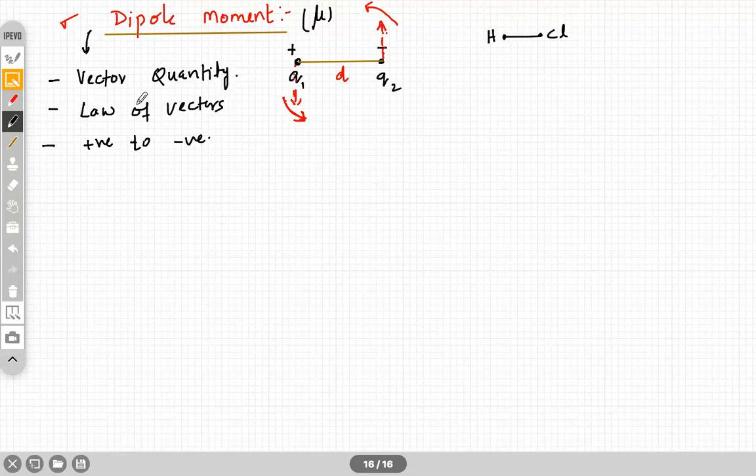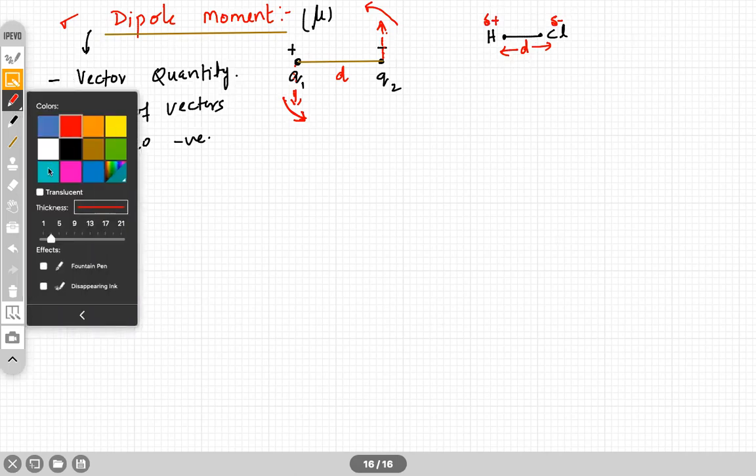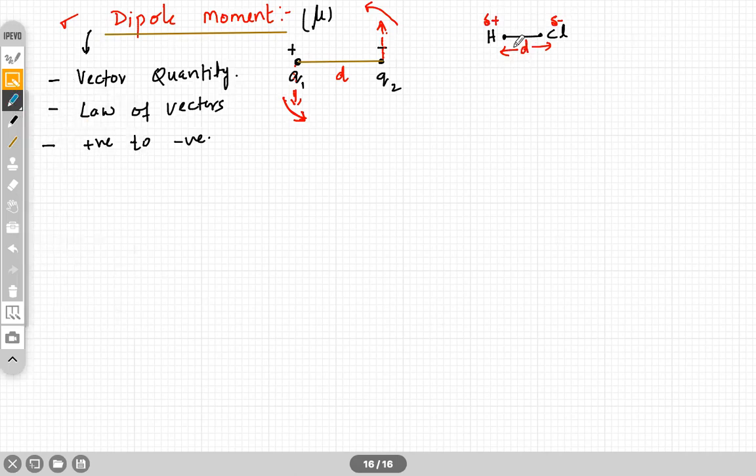Chlorine is more electronegative, so it has a delta negative charge because it will drag electrons towards this side. And this becomes delta positive. And we have some bond length d here, right? So the two charges, plus and minus, are present at a distance d, and this behaves as a dipole. Here we have a dipole moment from positive to negative direction, and we show the vector like this, an arrow with a cross at the tail.